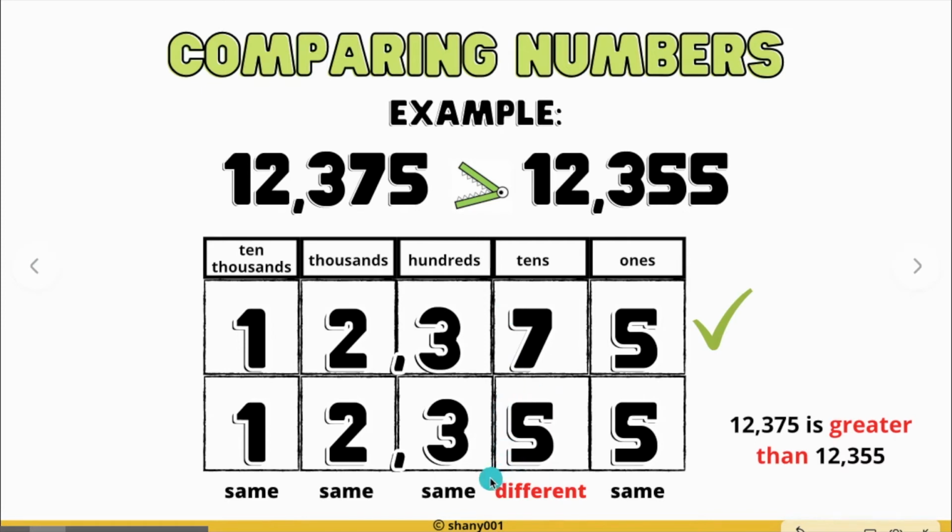Which number is bigger? The 7 or the 5? If you guessed 7, you are correct, which makes our answer 12,375 is greater than 12,355. And we also have our alligator symbol eating the bigger number.